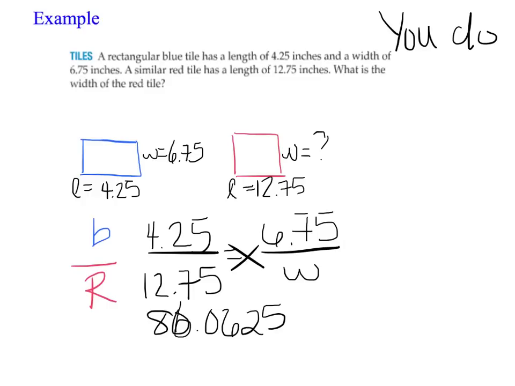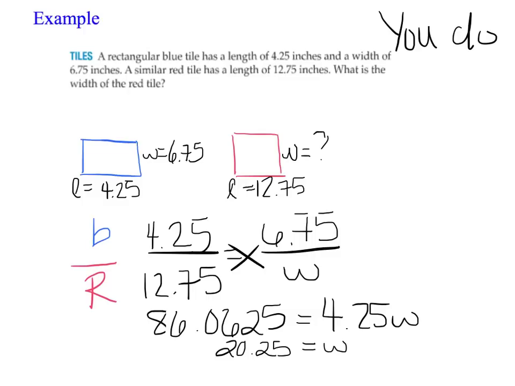Let me erase that. That's a 6. 86.0625, and then we get 4.25 W. And when we divide 86.0625 by 4.25, we get W to equal 20.25. So the width of the red tile is 20.25 inches.